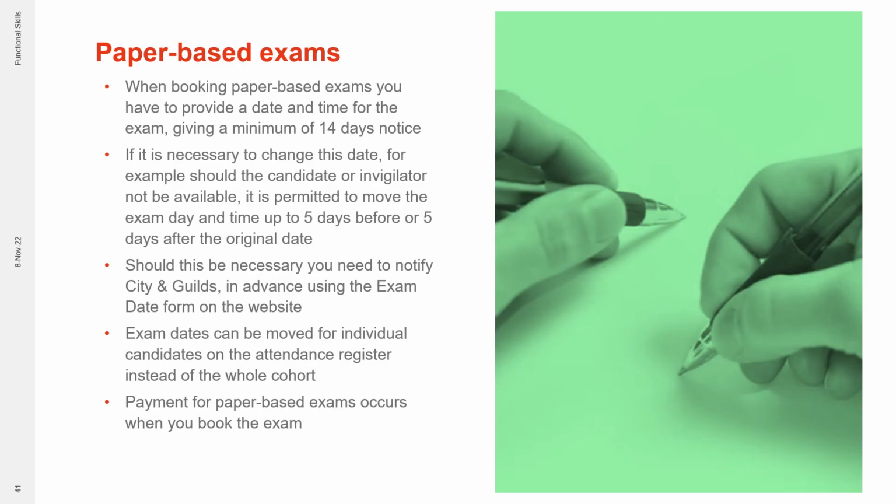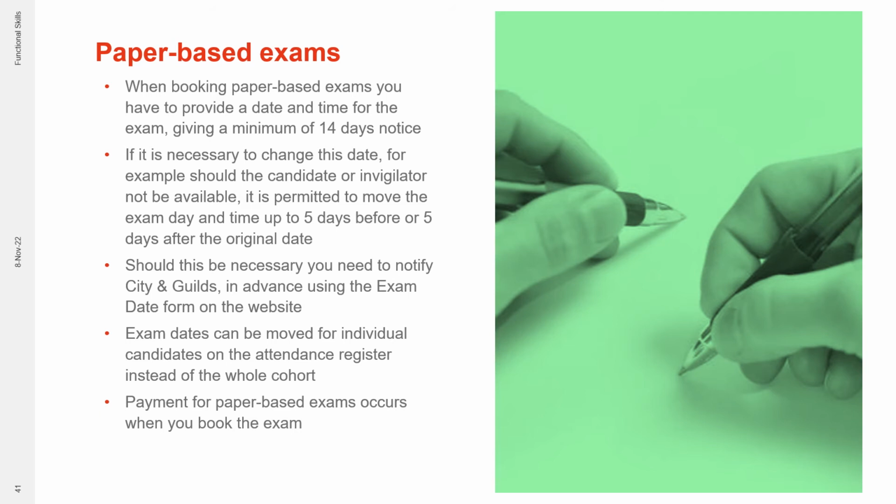Firstly, paper-based exams. When you book paper-based exams, you have to provide a date and a time for the exam, giving a minimum of 14 days notice. If it is necessary to change this date, for example, should the candidate or the invigilator not be available, it is permitted to move the exam day and time up to 5 days before or 5 days after the original date.